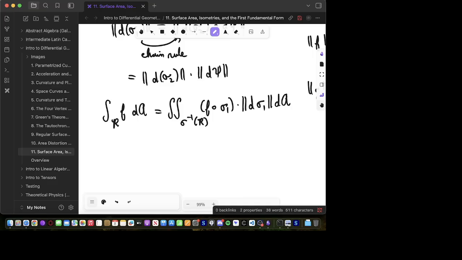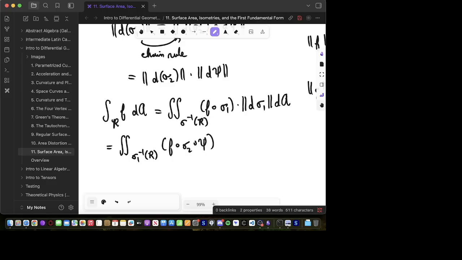Furthermore, by the change of coordinates rule, we have that this is equal to, oh wait, no, this is not by the change of coordinates rule.